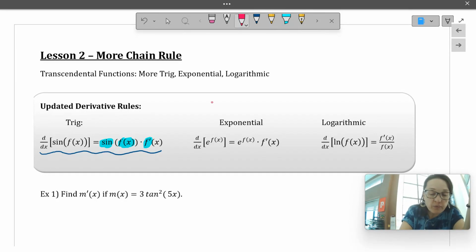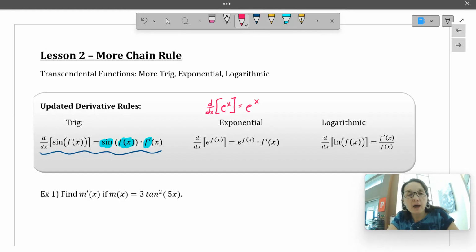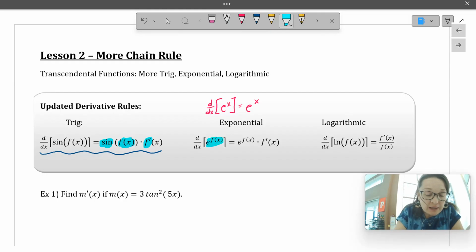We had learned before that the derivative of e to the x is e to the x, but what if it's not just x? What if it's e to the 2x or e to the x squared or something like that? Well, the rule just becomes a chain rule. The derivative of e to the x is itself. The derivative of e to the f of x is still itself times the derivative of the exponent.